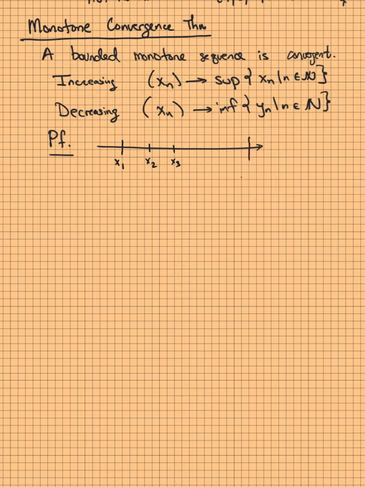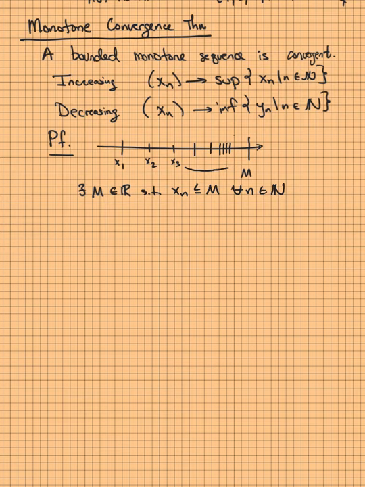So up here, we know that there's some m in R so that every xn is less than or equal to m, for all n in N. What this means is that somehow the xn's are trapped. They can't go off to infinity. They have to converge, or at least stay in this interval.